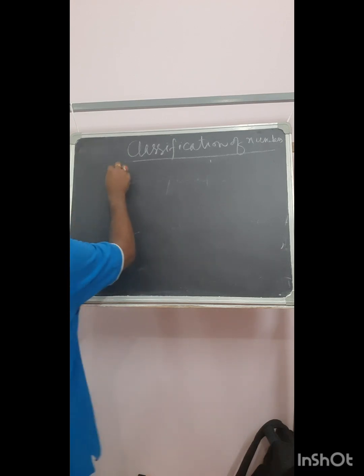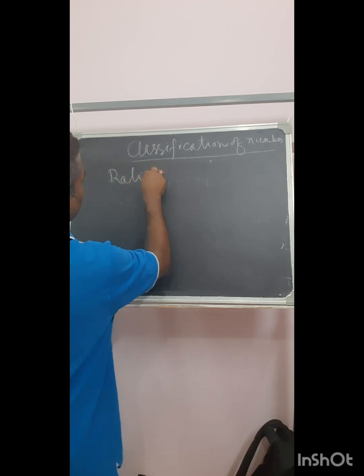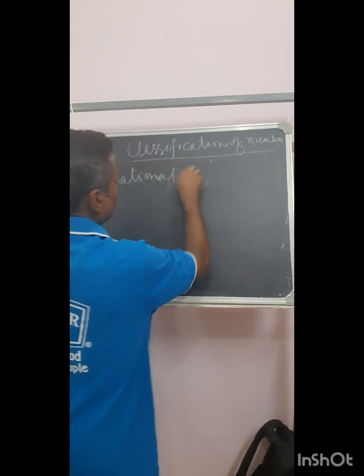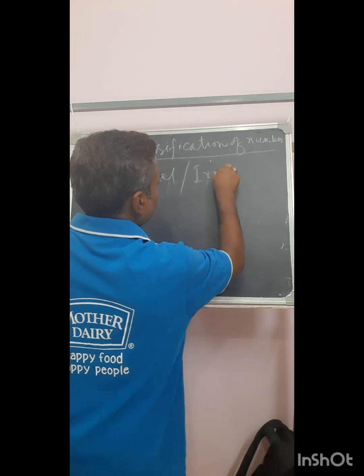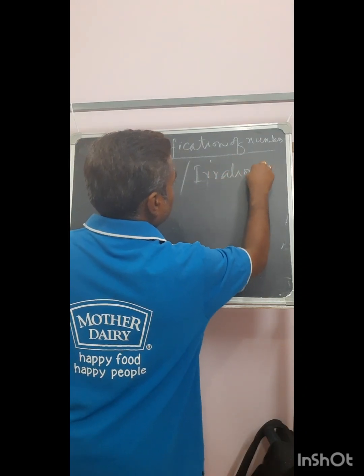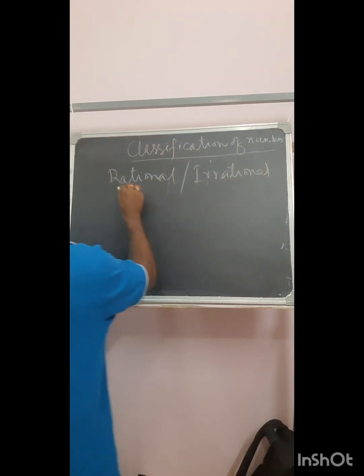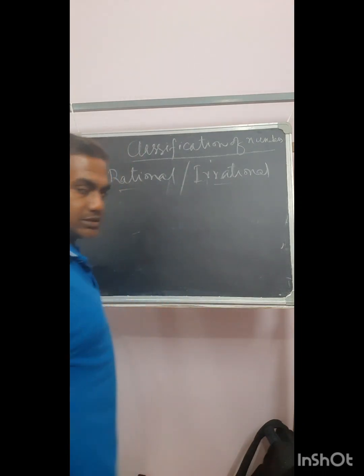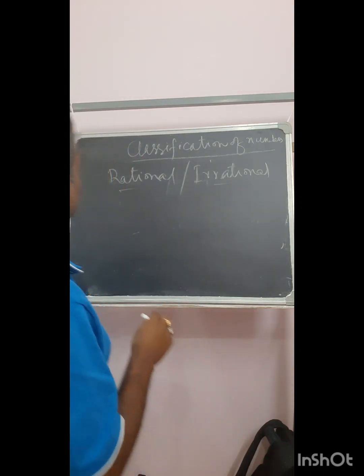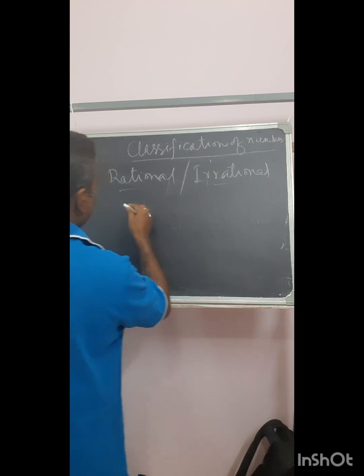Now next comes rational and irrational numbers. This I came across when I was discussing the 3rd chapter. Again I am just describing it for you.